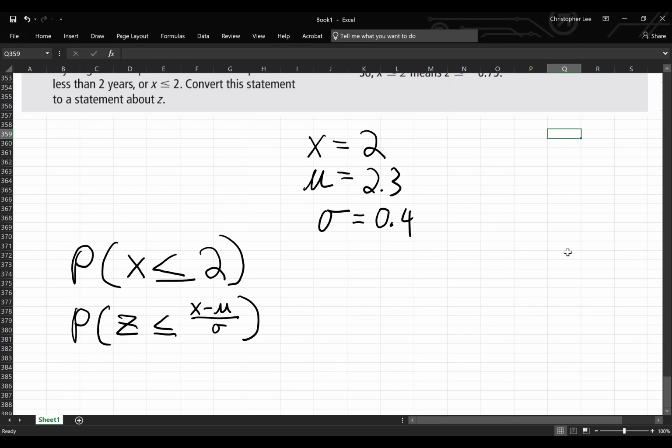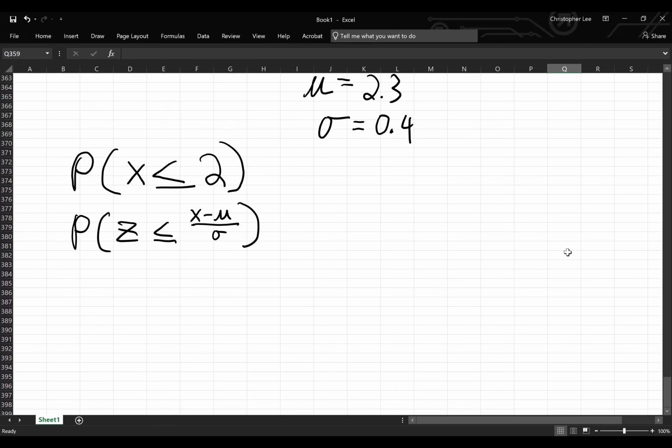I'm sorry. So tell me what to write on the next line. This is gonna be the probability of Z less than or equal to what? What's X? It's 2, minus what's the mean? And 2.3 over 0.4.